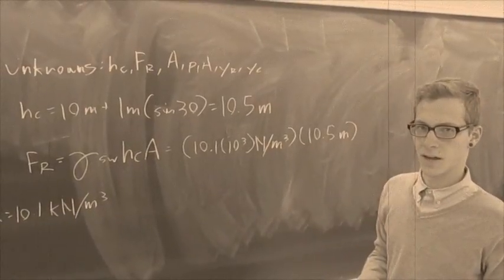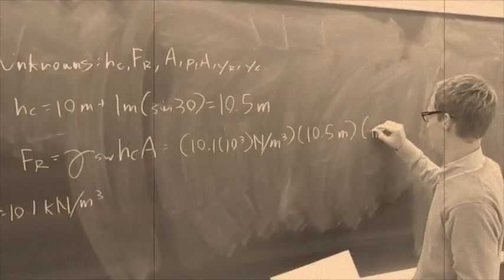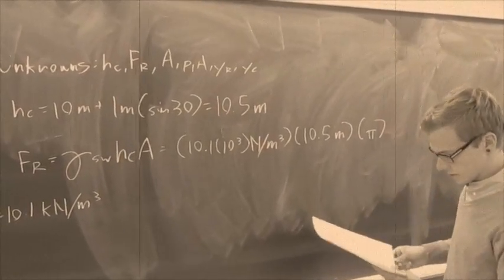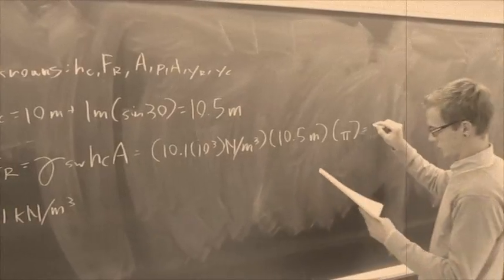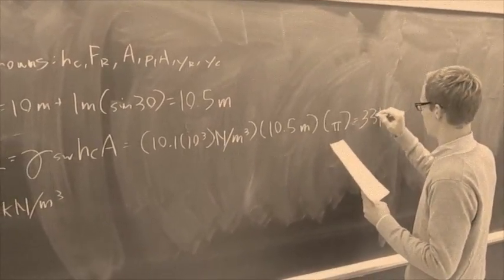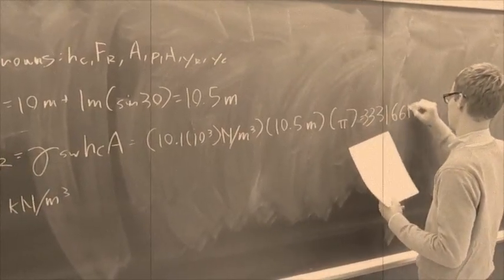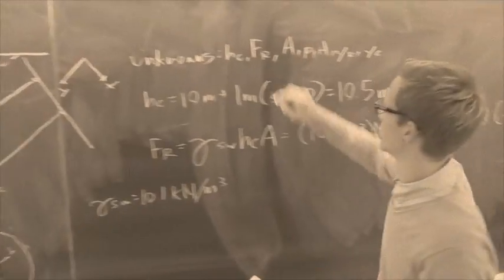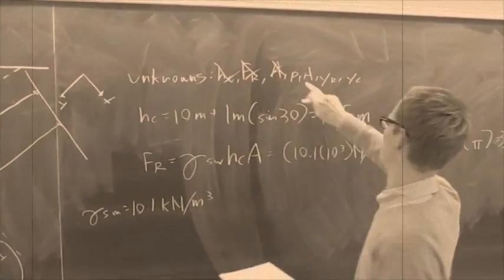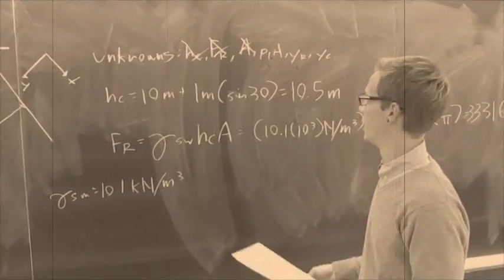Since we have a 2 meter diameter hatch, then pi r squared is just going to be pi times 1 squared, which is just pi. And this will give us Fr. Fr is 333.166 newtons. So our unknowns, we have this, that, that. So now we need P1A, Yr, and Yc. P1A we'll solve for at the end.